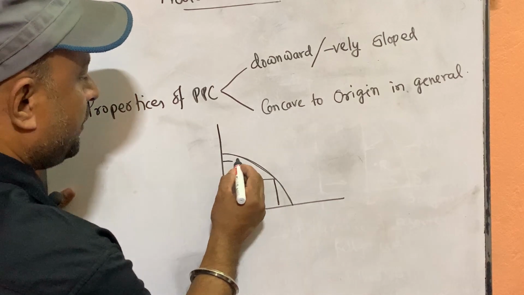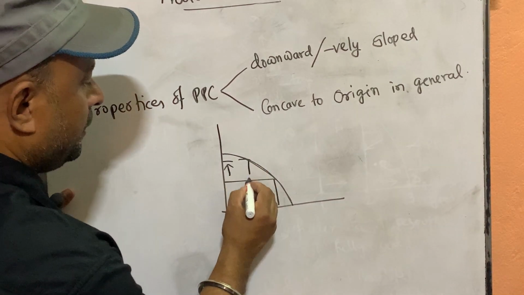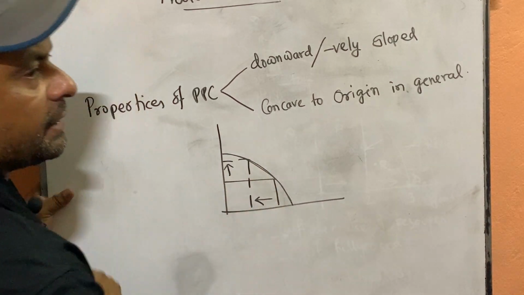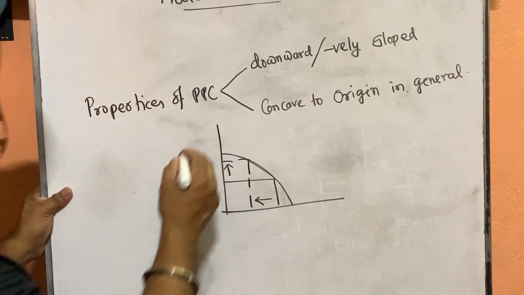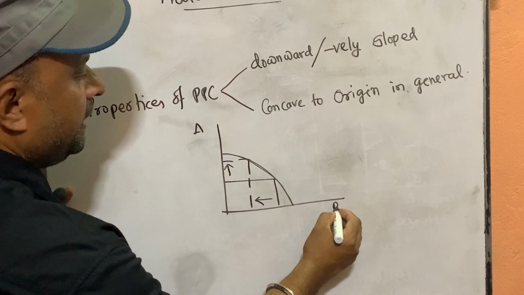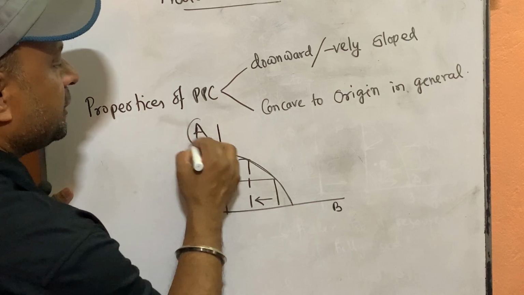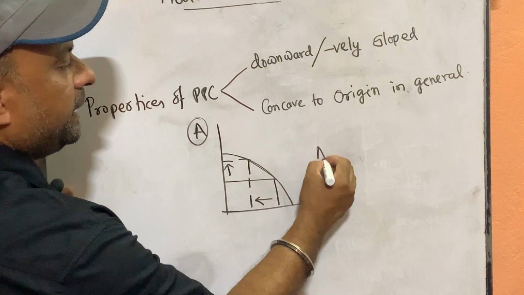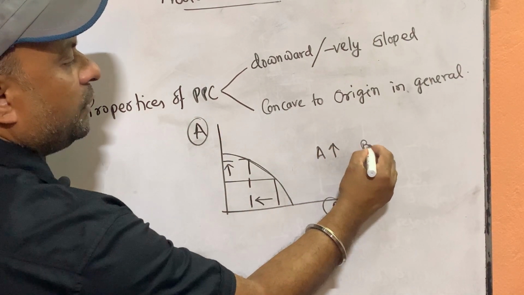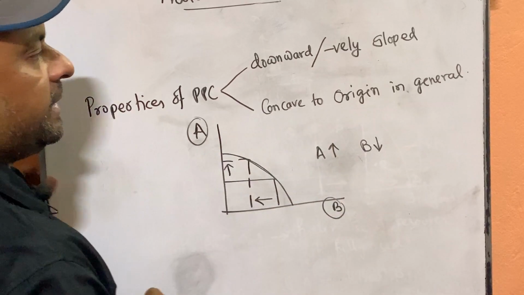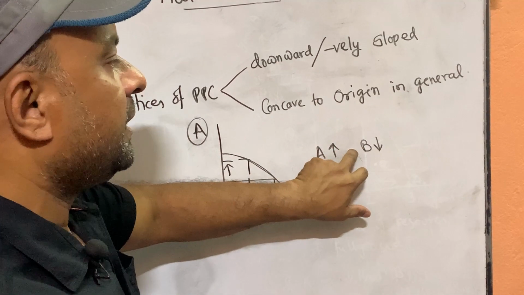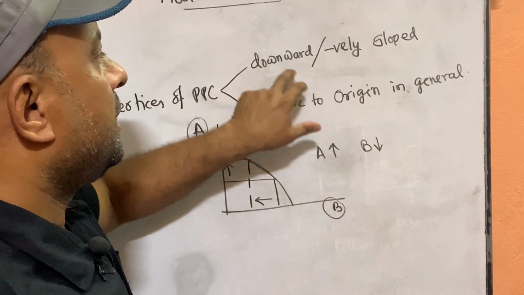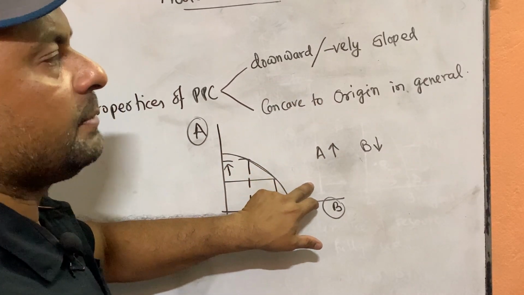If we increase production of a good, then we have to reduce the production of another good. The production of two goods A and B are inversely related in case of PPC. If we increase production of A, we have to reduce production of B. That is an opposite relation, a negative relation between both goods. For that, PPC is downward or negatively sloped.